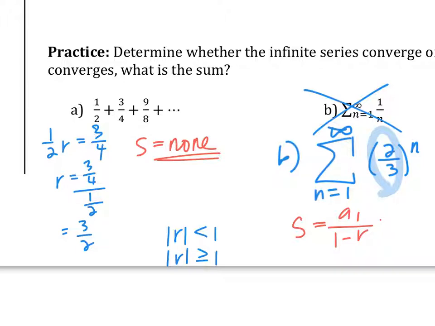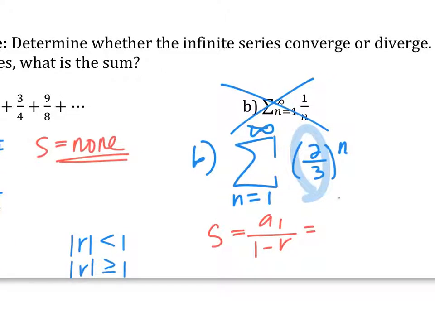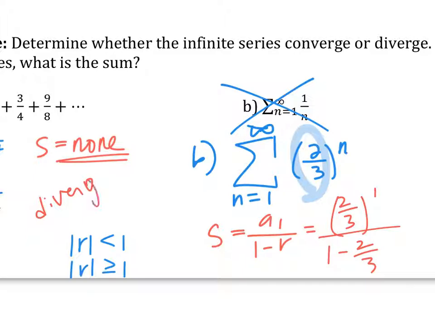Let me finish this one first. Why? Because it diverges. If it diverges, you're just adding bigger and bigger numbers, right? And eventually it's going to be so big, it's going to be infinity. Infinity is not a number we care about. It has to be an actual number, not infinity or negative infinity.